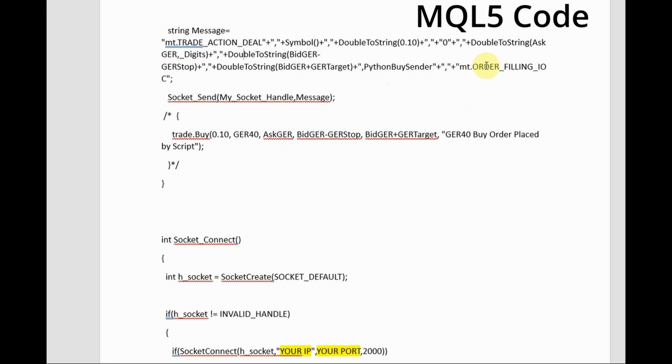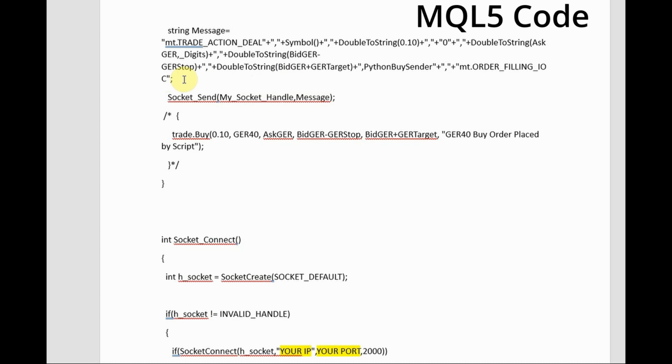So mt.order filling IOC is how the orders are filled. Your broker might be a little bit different, and depending on the order type you're looking to send, that could be different as well.